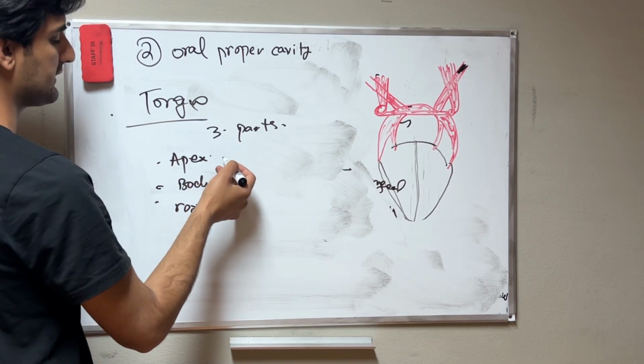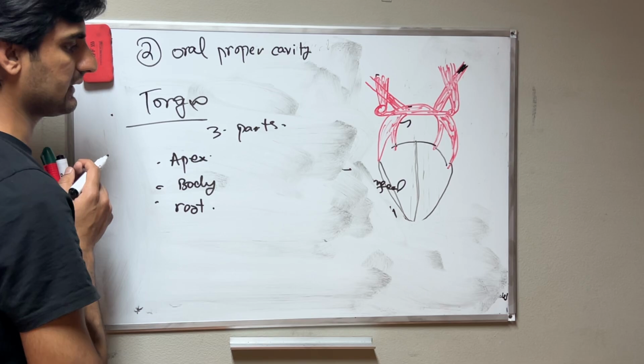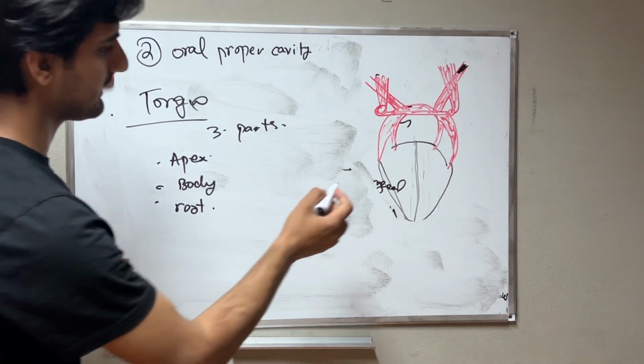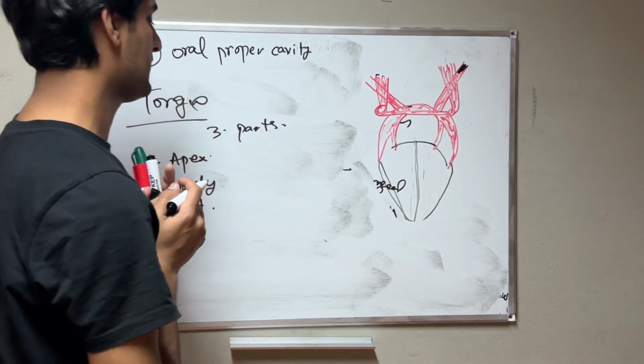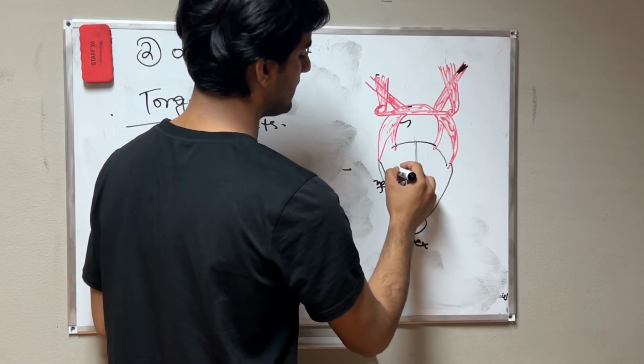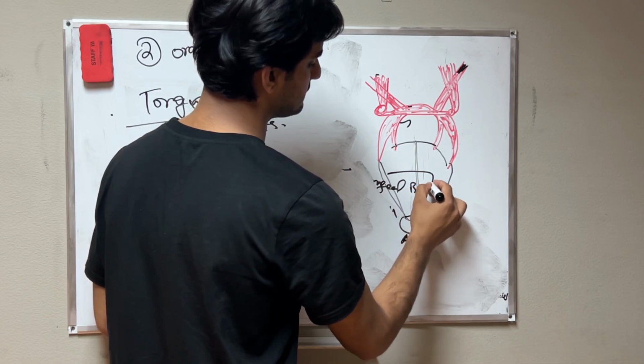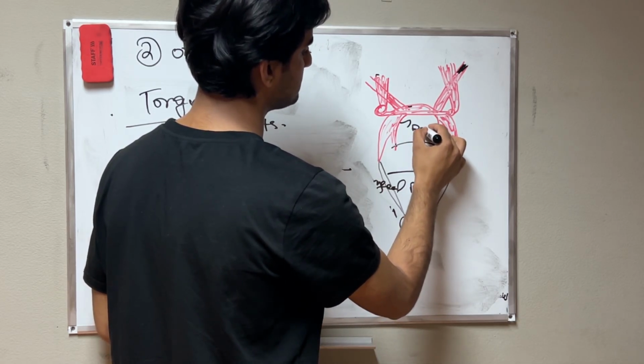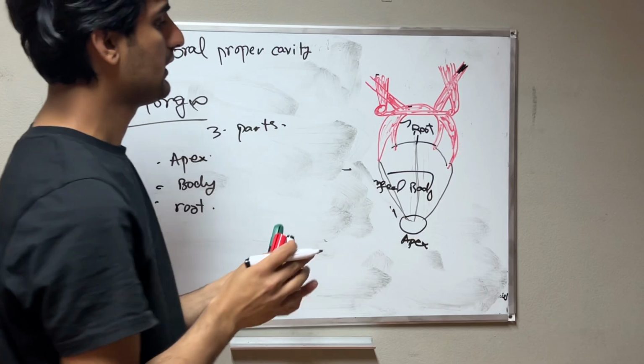In Latin we have apex, corpus, and radix. This is the tongue which I drew. This is the apex, this is the body, this is the root.